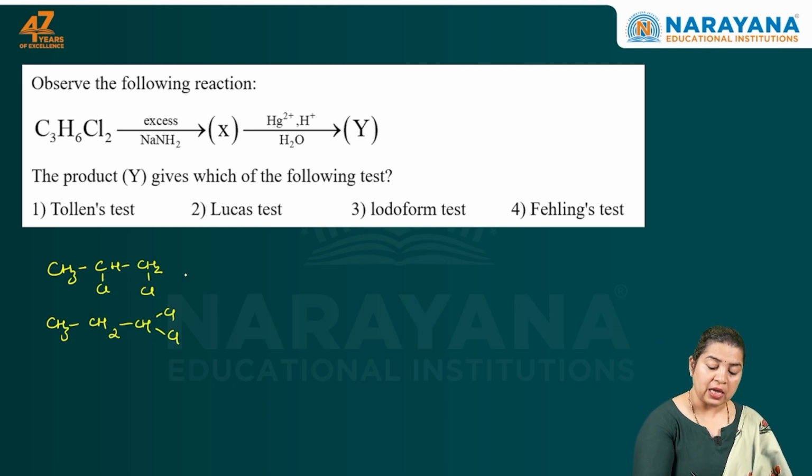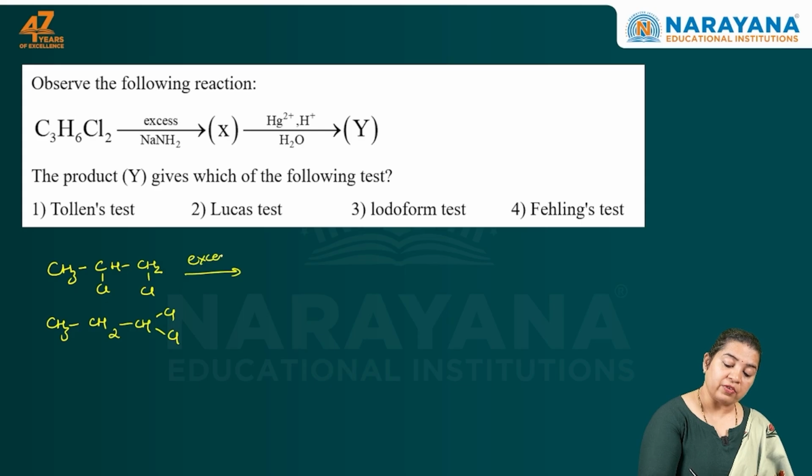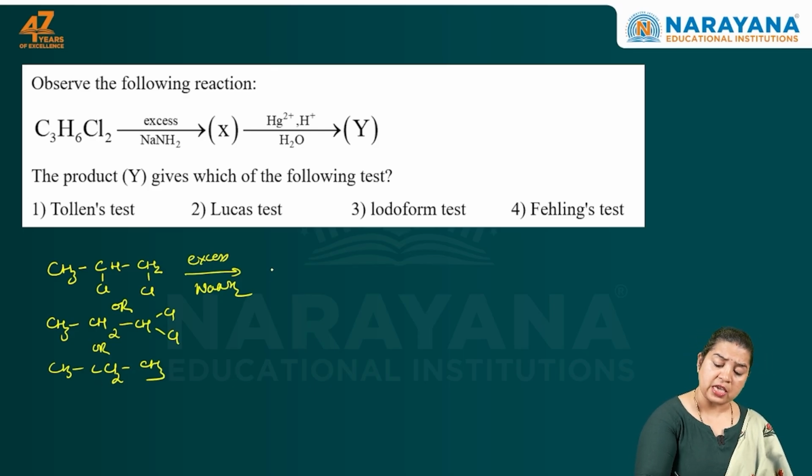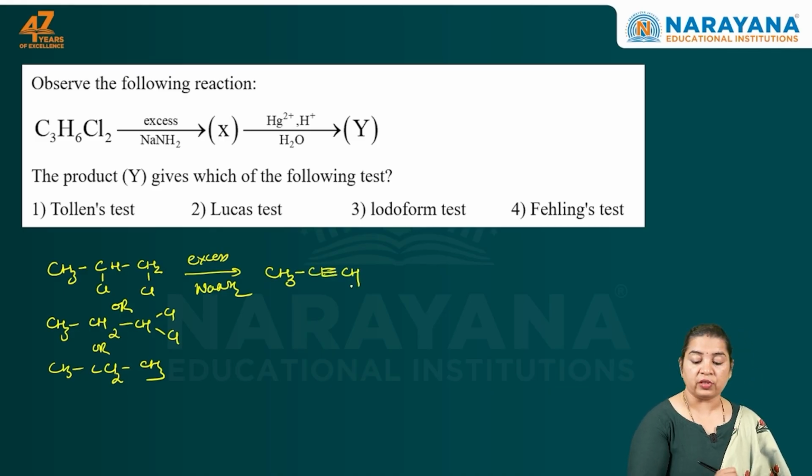But it is clearly given excess NaNH2 is taken, so whether this or CCl2CH3, any of these cases will ultimately lead to C triple bond CH.